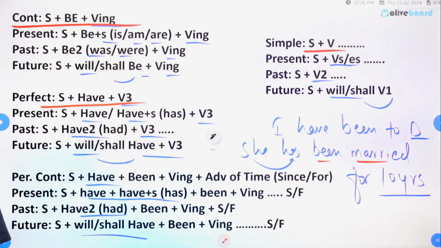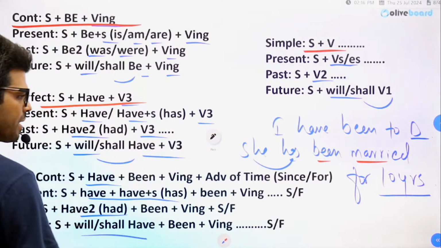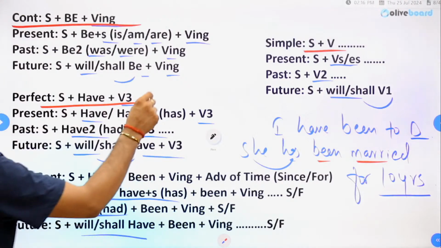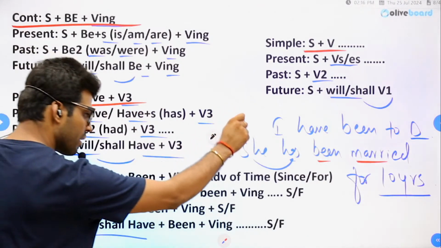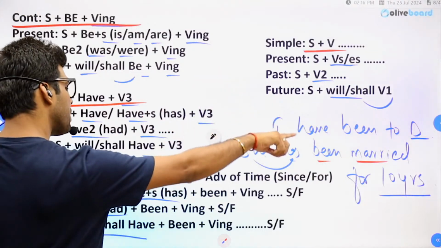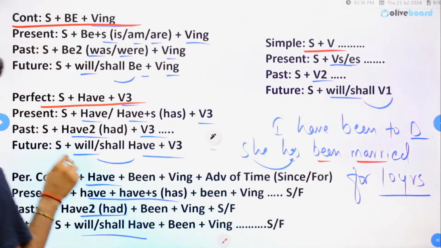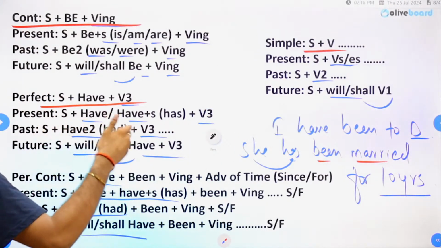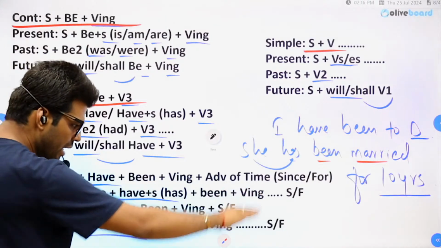It's once again not a continuous tense, either this continuous or that continuous, because it doesn't have an ing. But it has have along with a third form, which is a perfect tense, along with the third form after be, which is a passive version. So the perfect tense of she is married, she has been married for last 10 years.